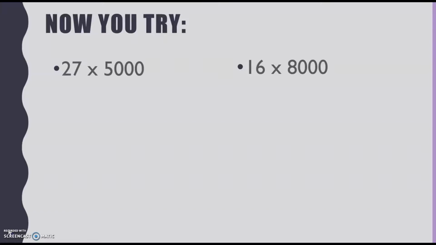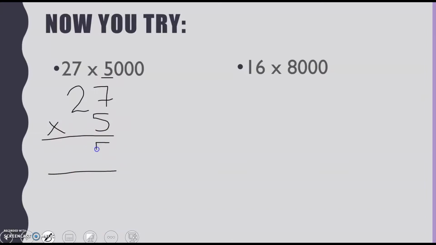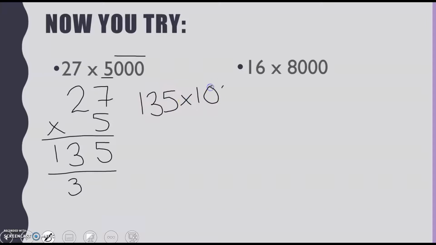Okay, if you had a go at these questions, check your answers, but I'm going to start with my 27, and I'm going to times it by 5, and that is going to be 5 7s are 35, and 5 2s are 10, plus that 3 is 13, and then I've got 3 zeros this time, so I'm going to have 135 times by 1,000, 135, and then 1 2 3 zeros.